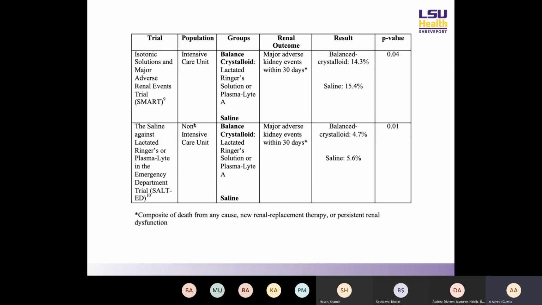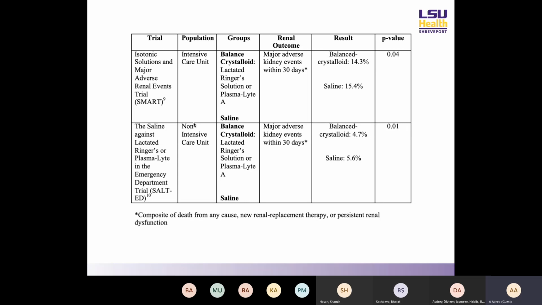So saline theoretically is high in chloride and can lead to an acidosis. And the genesis of these trials was that there may be higher mortality in those receiving saline. When they looked at overall mortality, there was no difference between those receiving balanced crystalloids versus saline.